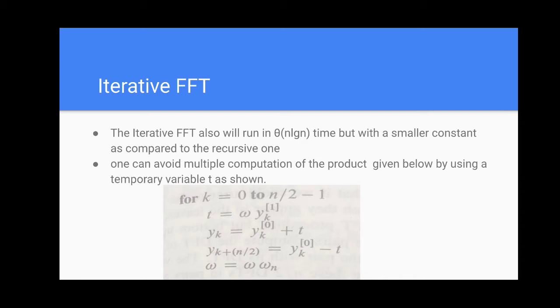As you know, in the recursive algorithm only half the values are computed, the other half can be easily obtained by this type of operation, and then we are going to recompute the required omega value.